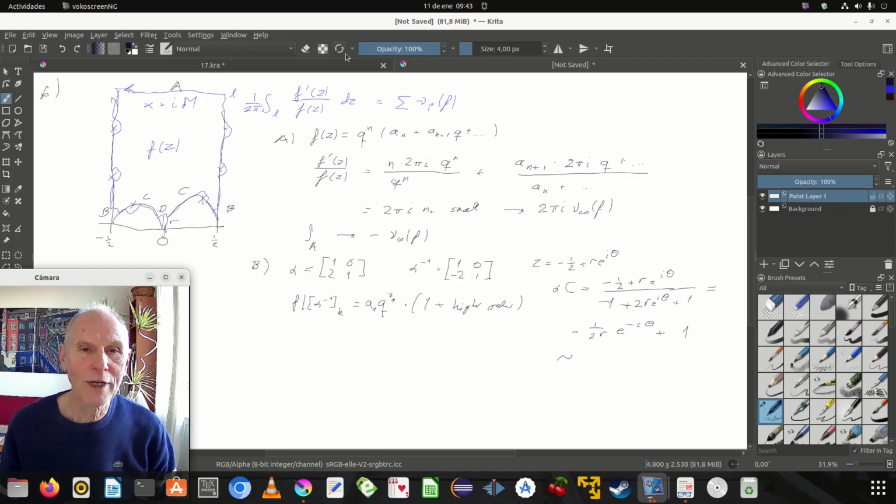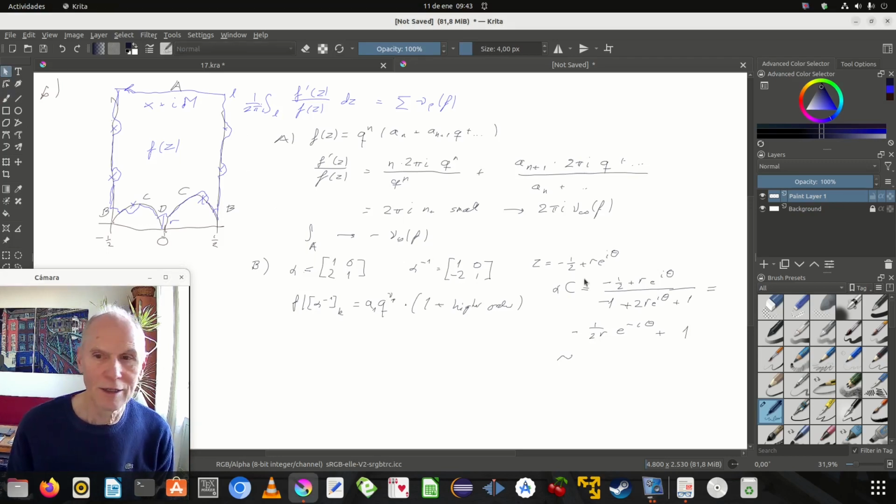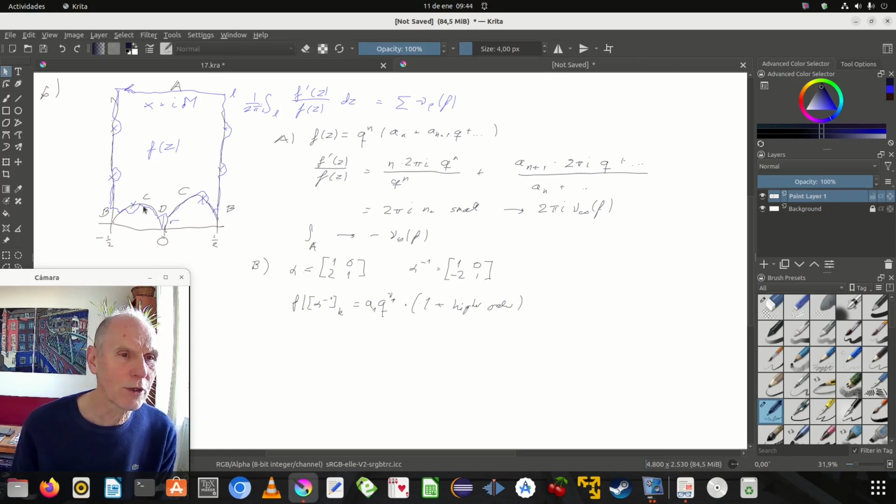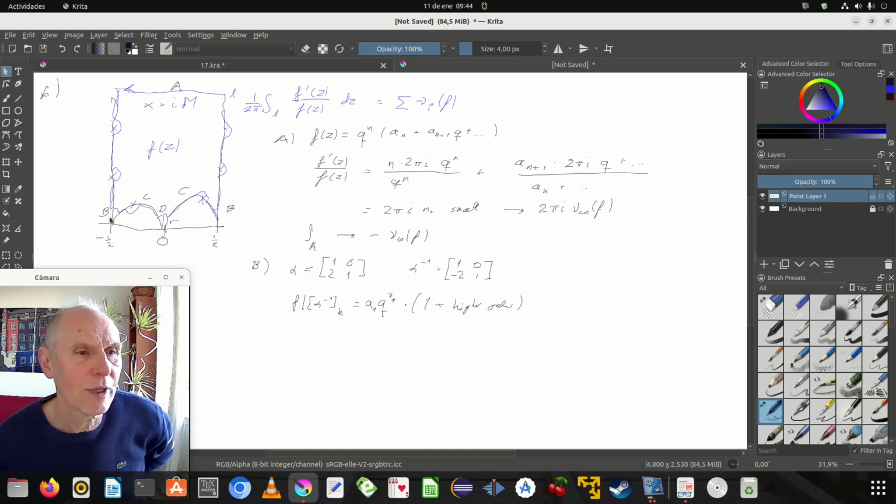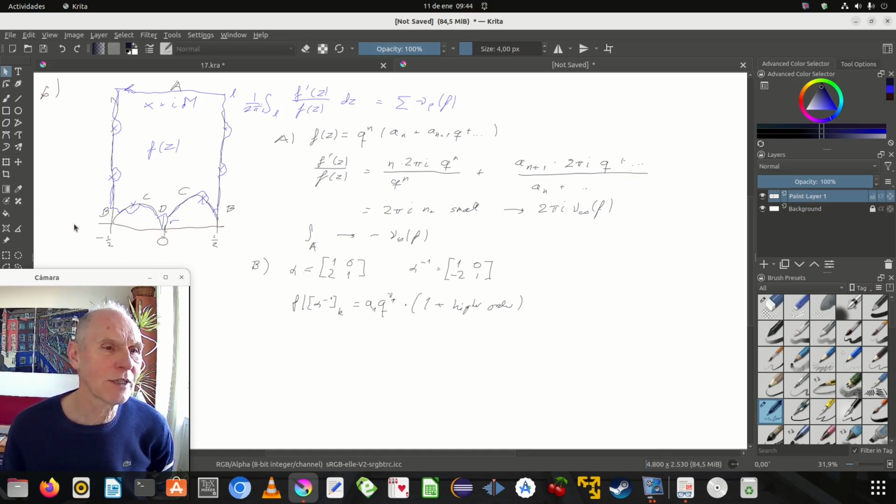I actually already got the idea yesterday. You see, we go from this circle over to this circle. This point lies on the circle with center minus that goes through -1.